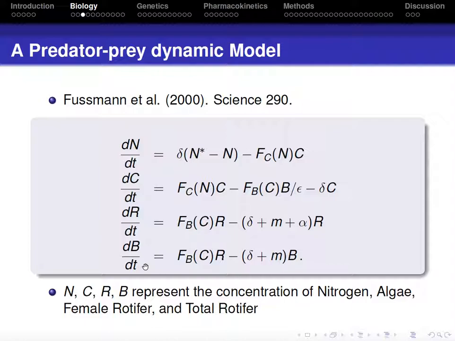C is the concentration of algae, and R is the concentration of the rotifer with reproducing ability, which we call female rotifer here, and B is the concentration of the total population of the rotifer. So here they have these 4 differential equations.